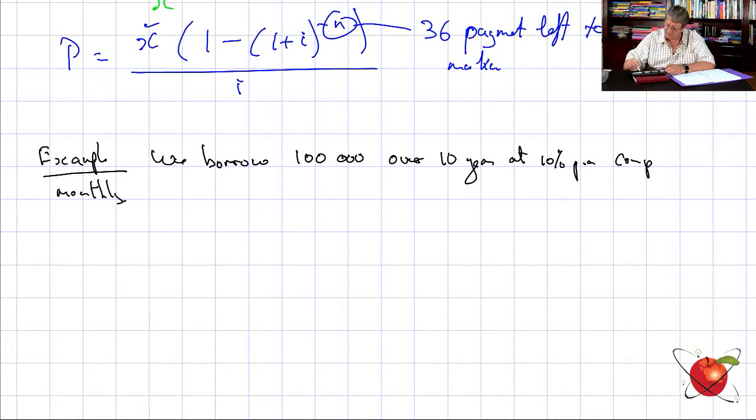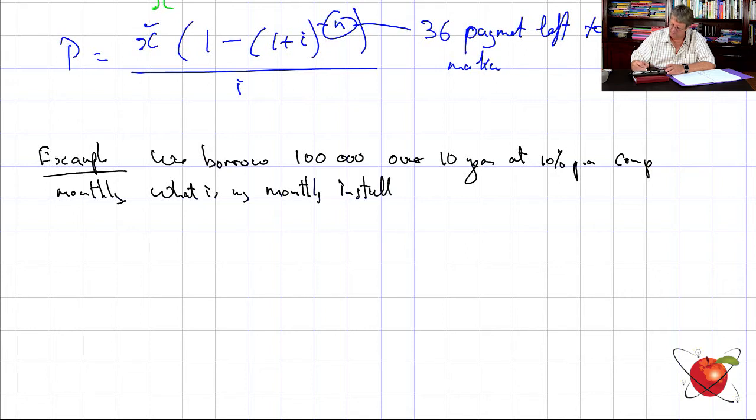What is my monthly repayment? What is my monthly installment?